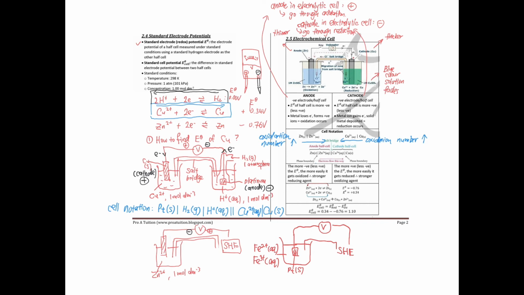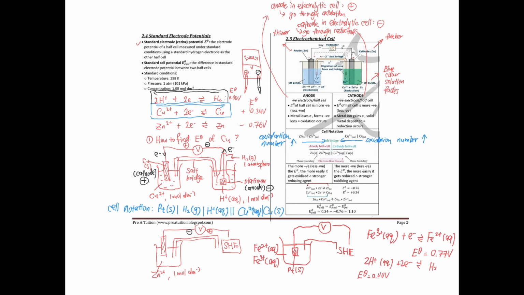So the Fe3+, from the data booklet, receives electrons to become Fe2+. The E theta is 0.77 volt. Okay, so that is for iron 3+ to iron 2+. The SHE is actually H+ plus electrons becoming H2, so the E theta is 0.00 volt.